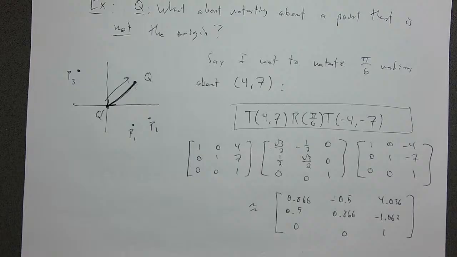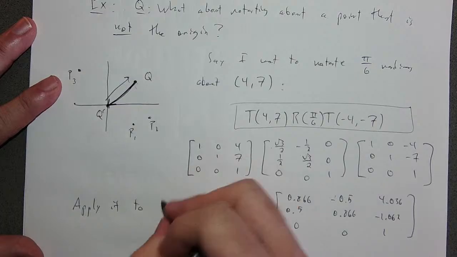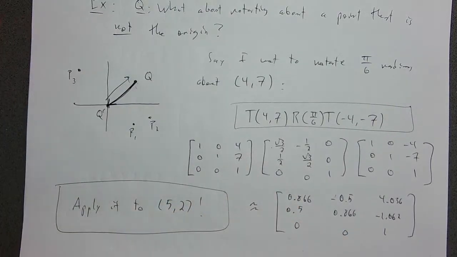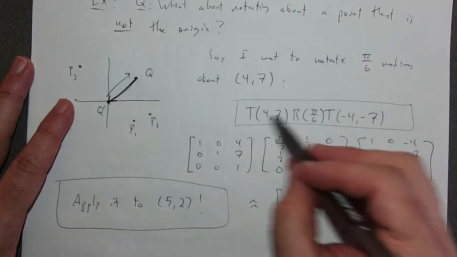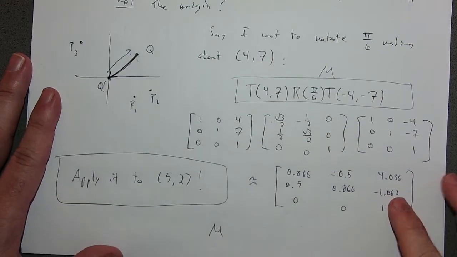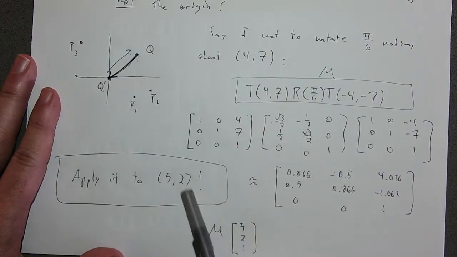And if I actually apply this thing to a point, say the point (5, 2), you can see for yourself how you would apply it. You would take that matrix, which we'll call M, and apply it to the vector (5, 2, 1).